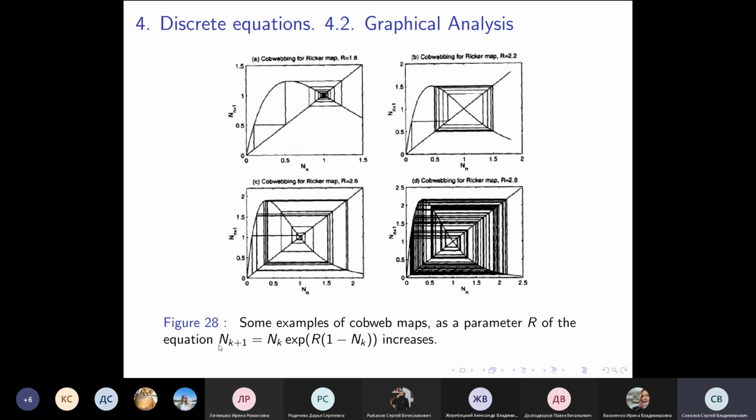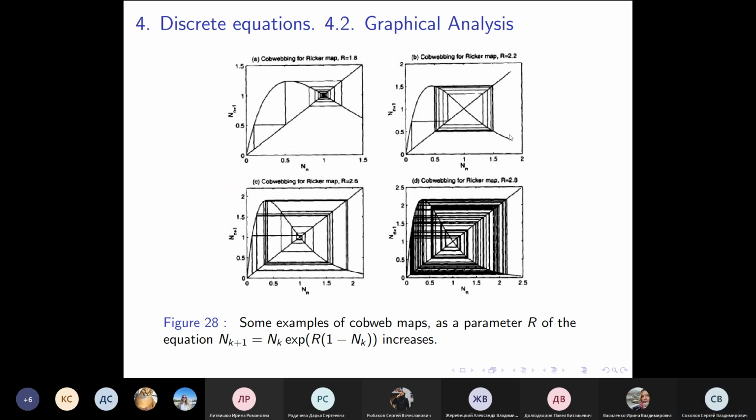So 1 is a solution of our equation. Moreover, 1 is always the solution of our equation. It doesn't depend on the constant r. So we always have this solution.